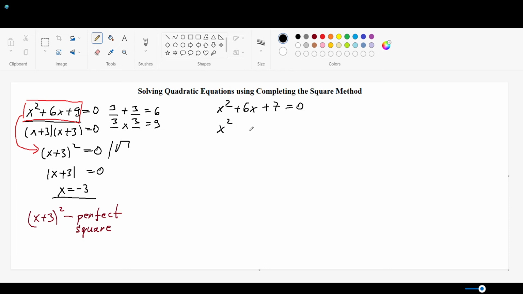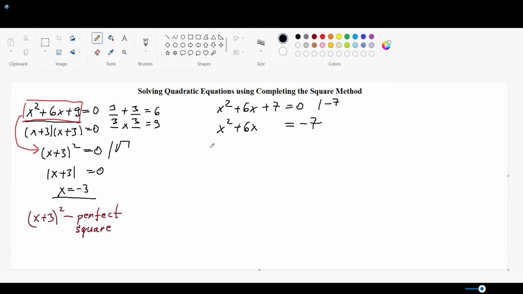Yes, x squared plus 6x equals -7. So we took away 7 from both sides of our equation. Why did we do so? The answer is very simple, because now we have on the left side an expression similar to the one we solved before, and we will use the advantage of the perfect square we will get.